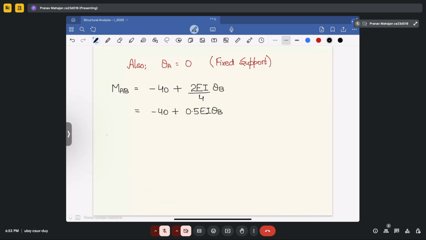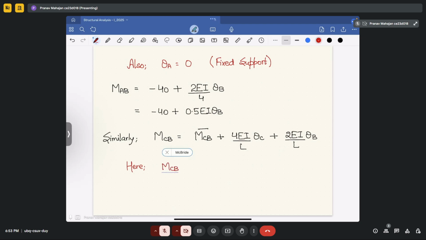So similarly, MCB will be equal to MCB bar plus 4 EI upon L into theta C plus 2 EI upon L into theta B. Here also you have moment at the center, so your MCB bar will become equal to plus M upon L. What is the value of M?